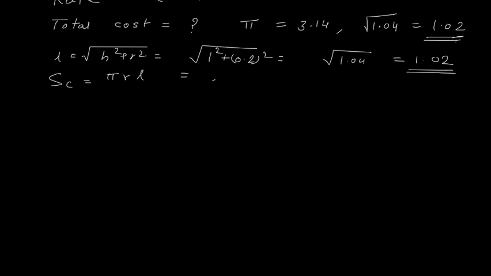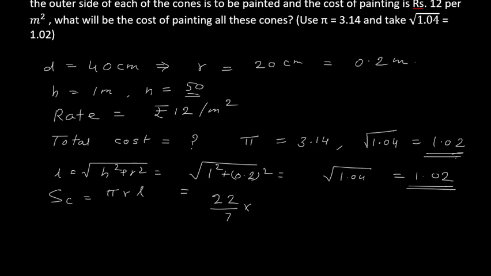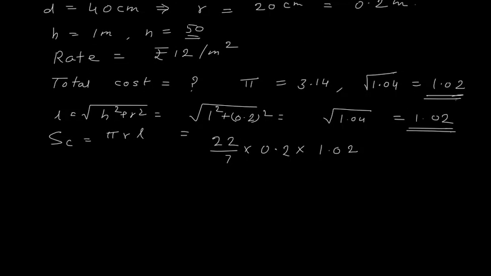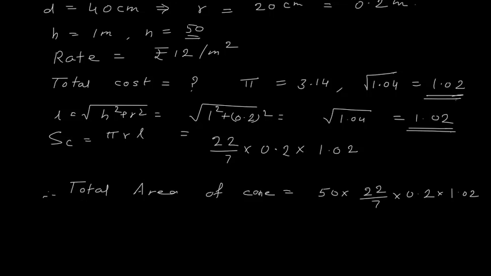So pi RL is 22 divided by 7 into radius 0.2 into slant height 1.02. Nothing is cancelling, so I will wait till the end. Therefore the total area of the cones is 50 into 22 divided by 7 into 0.2 into 1.02.